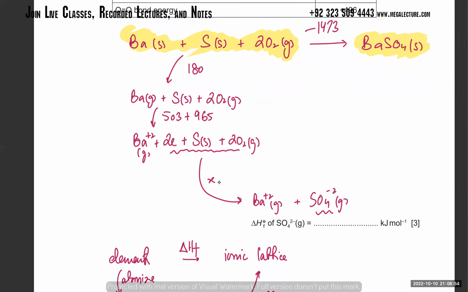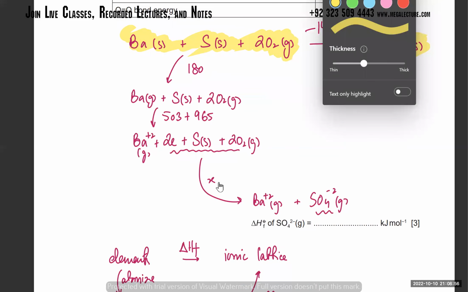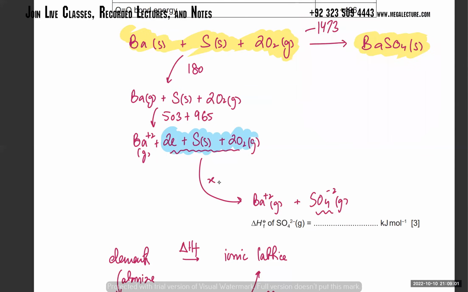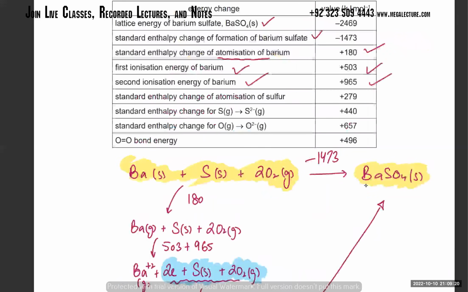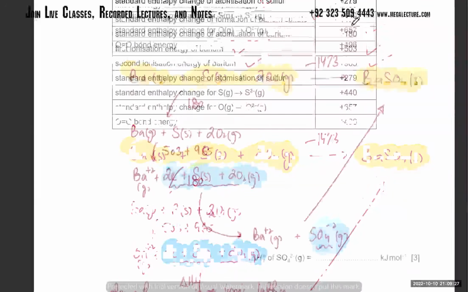Yes, sir. In this step, the barium did not do anything. Then the ions get together and form the ionic lattice. That's your lattice energy, which I think is given as well. That's minus 2,469. That is given.